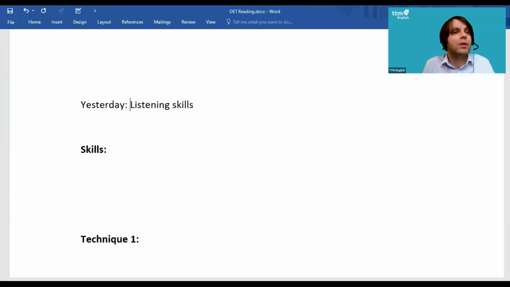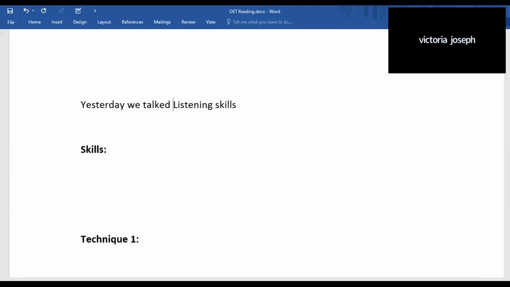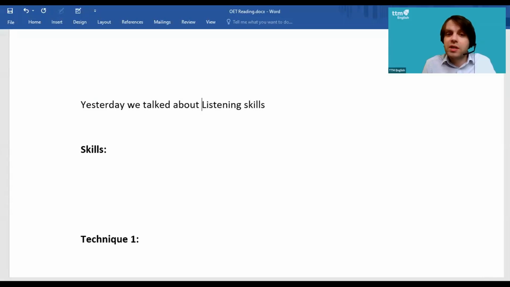We were doing synonyms, but think about the skill. Was it specific listening or was it general listening? Detailed listening. Were we listening for detail? Yes, we were. Good.